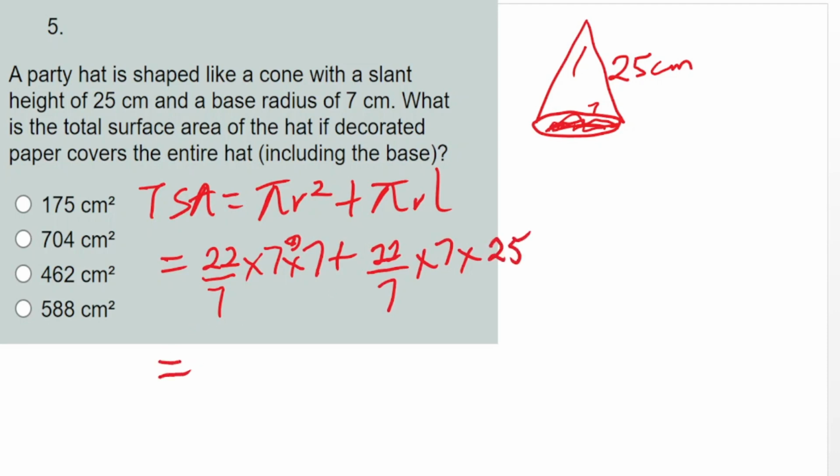So from here, 7 cancels 7. 22 times 7 is 154, plus 7 cancels 7, then 22 times 25 gives us 550. So adding the two together, 550 plus 154, gives us 704.